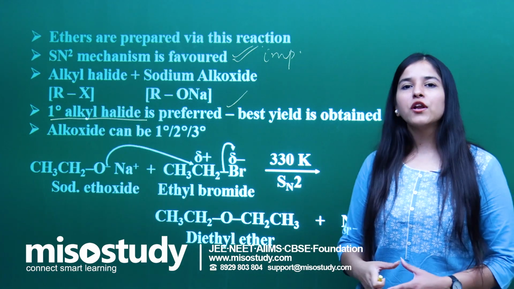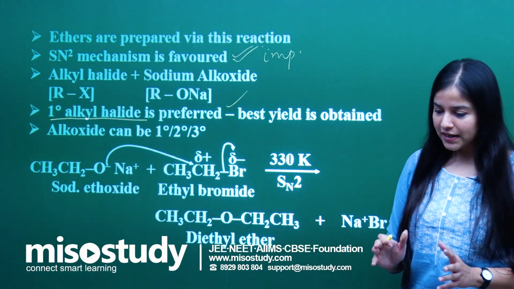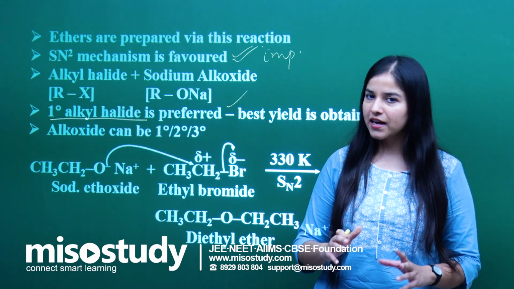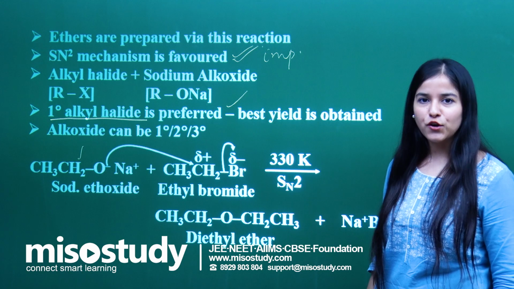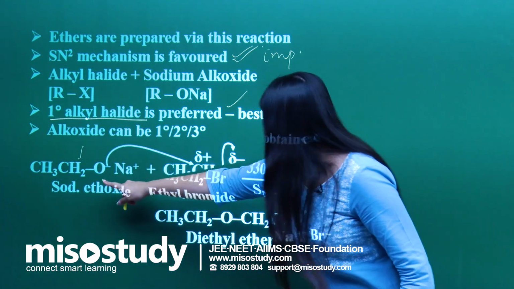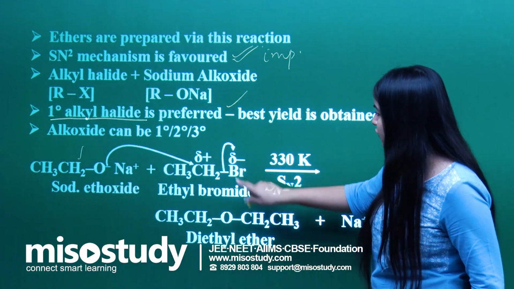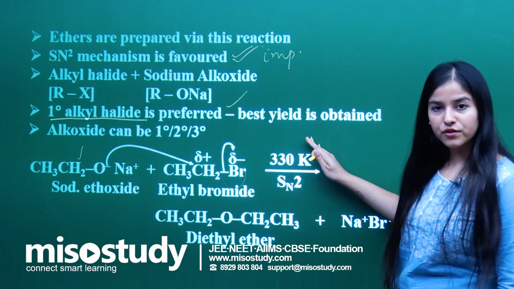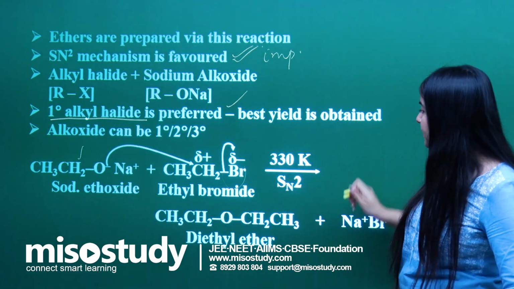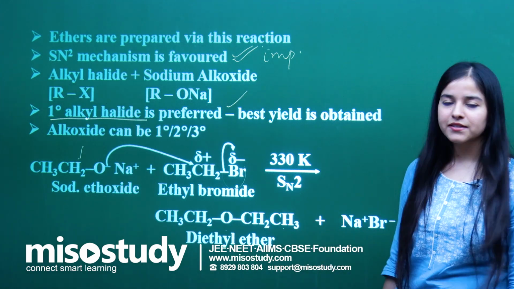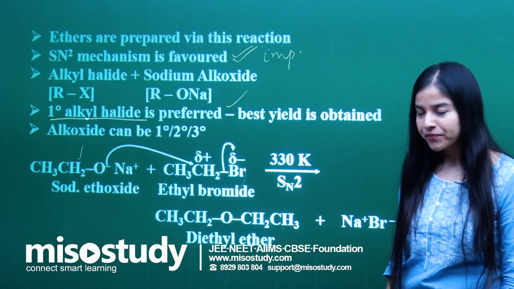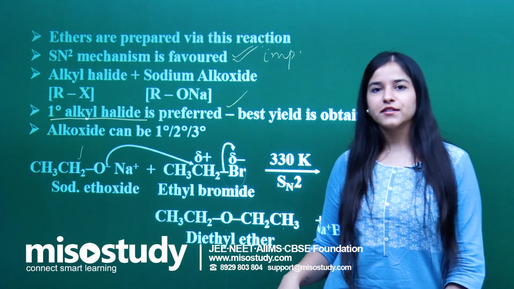Since you all know what SN2 mechanism is, in the SN2 mechanism there is the nucleophilic attack, and the nucleophile is going to be sodium ethoxide. Now this is going to attack from the backside, and obviously the leaving group will leave, favoring the SN2 mechanism. And finally I get the substituted product, that is diethyl ether, right? So that is how the Williamson synthesis goes about.